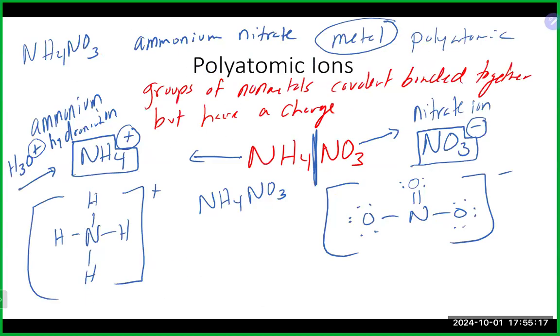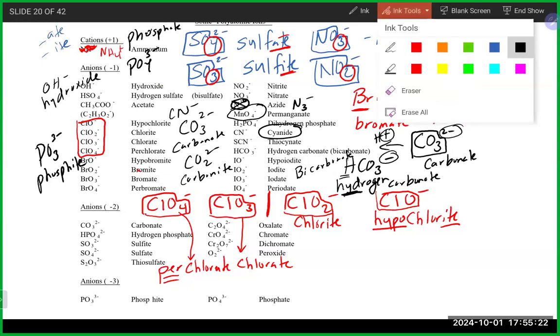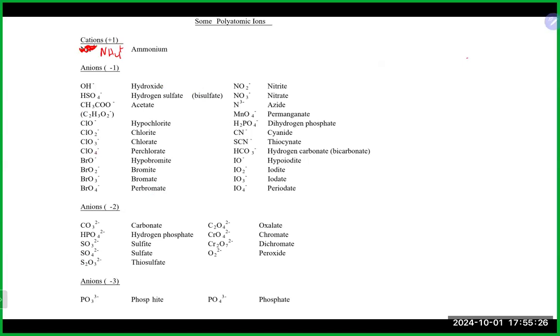Let me erase this and we'll leave it up there. All right. And again, that guy should be N3 minus on the bottom. We'll do here. What is the name for the following? We'll do Fe(NO2)3.